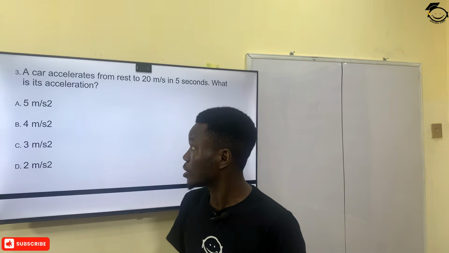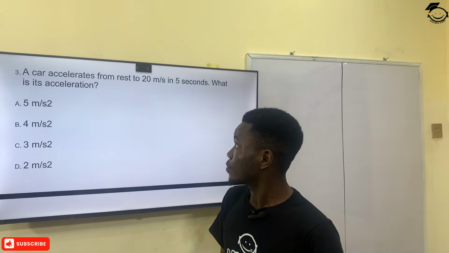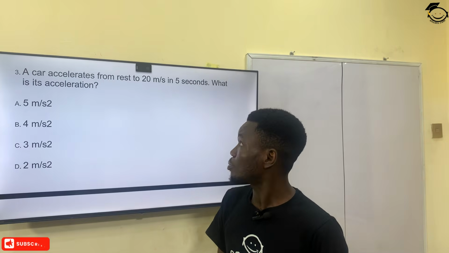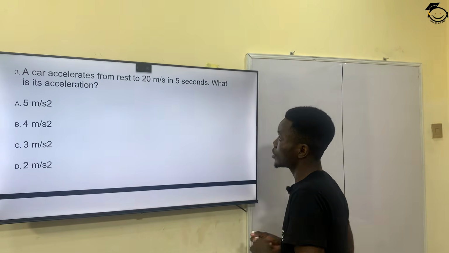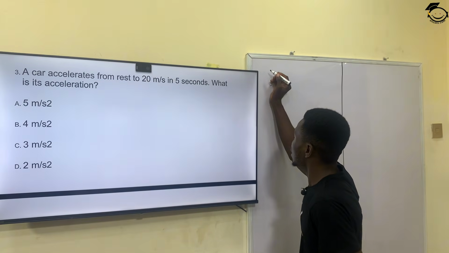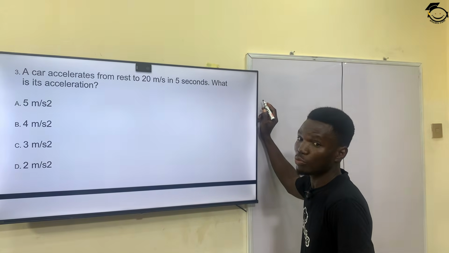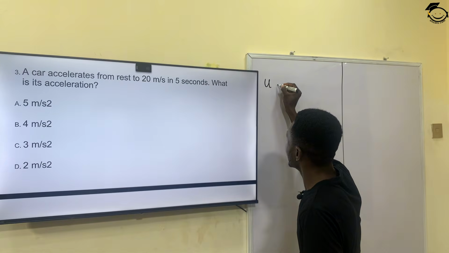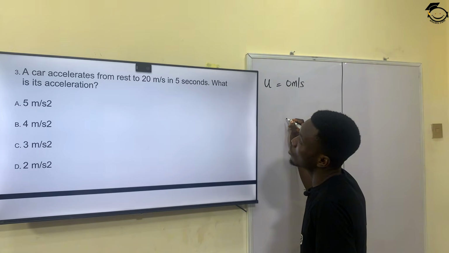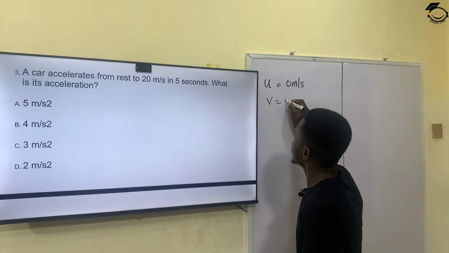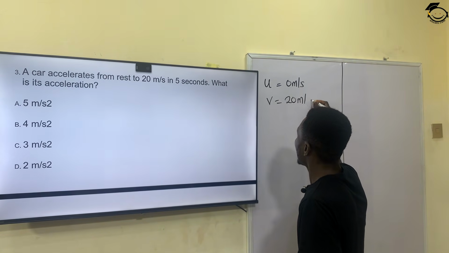Question number 3 says, a car accelerates from rest to 20 meters per second in 5 seconds. What is its acceleration? In this question, they gave us that the car accelerates from rest. Whenever a body moves from rest, its initial velocity u is equal to 0 meters per second. Then it got to a new velocity v, which was given as 20 meters per second.